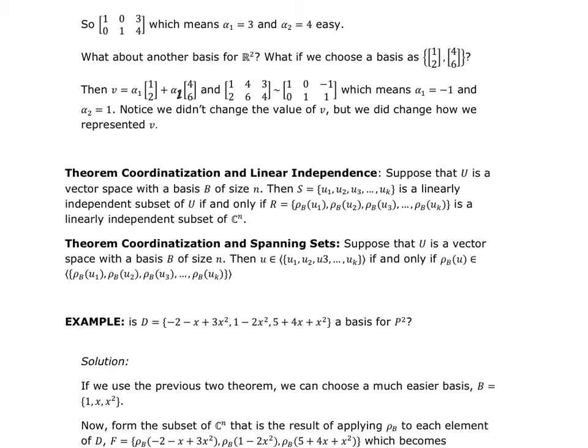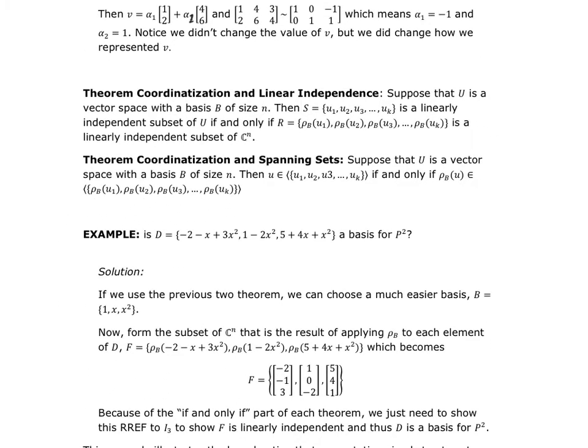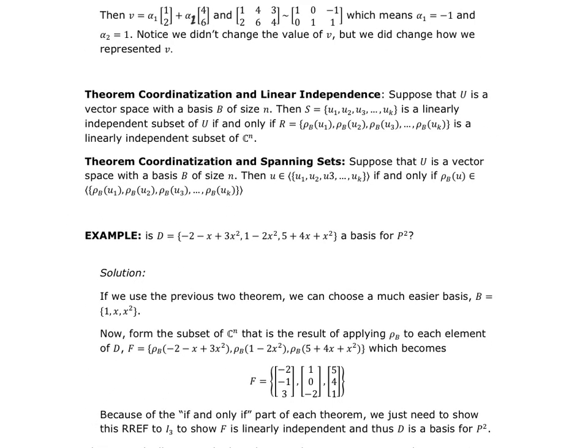So let's take a look at an example. We want to ask ourselves, is the set D a basis for P2? Now, if we were in a different section, we would do something differently, but we know from the previous two theorems we can choose a much easier basis for B, which is 1, x, and x squared.